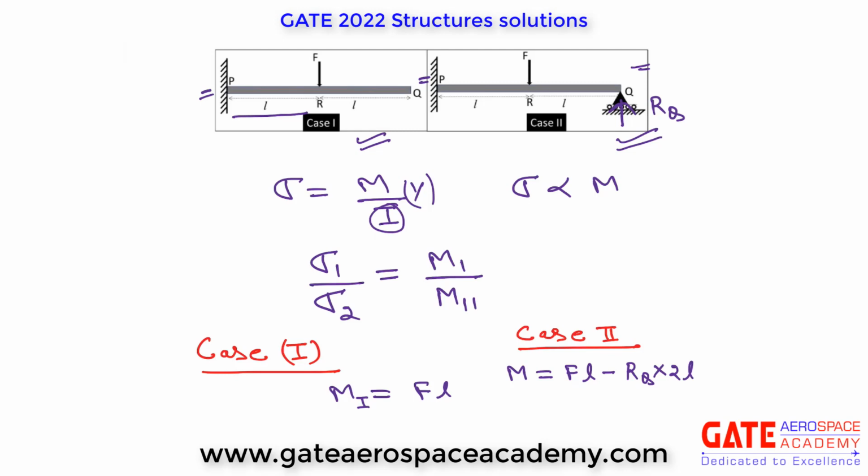The downward deflection at Q due to force F will be equal to upward deflection at Q due to RQ, because there cannot be any deflection at point Q as it is simply supported, so both will be equal. So let's find out.